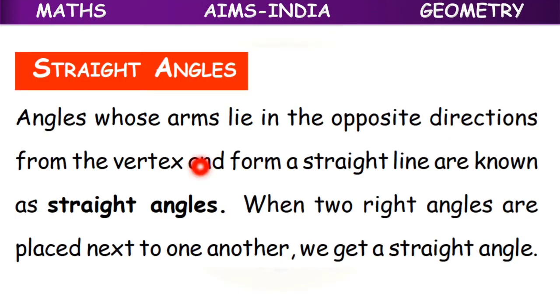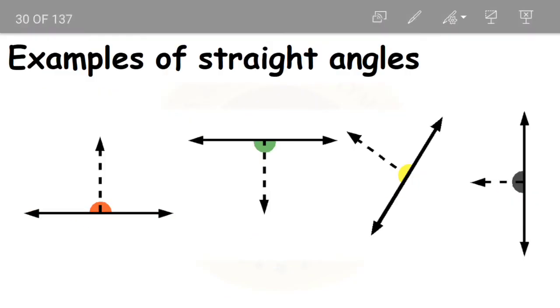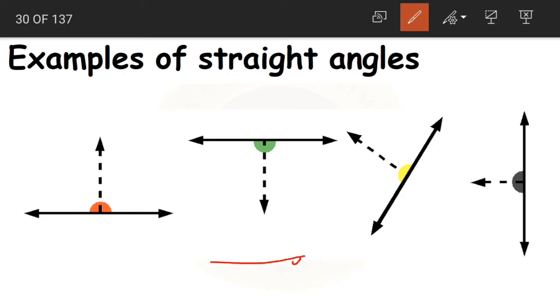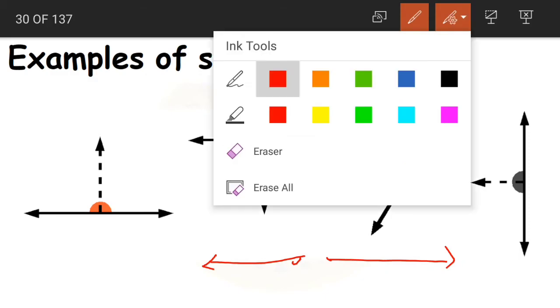Again, let us read again. Angles whose arms lie in the opposite direction from the vertex and form a straight line are known as straight angles. I hope this is clear, right? See, this is ray 1 OA and we have another ray which is sharing the same vertex, OB.